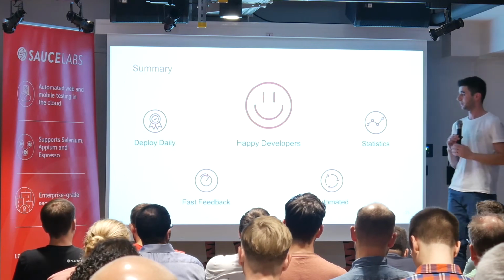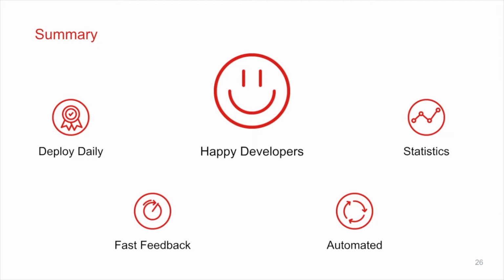So the summary. We can deploy on a daily basis. Every morning we can wake up, check our release, check everything. This will take ideally 10 minutes, but sometimes it takes a little bit more, maybe until 30 minutes, because we need to investigate some bugs or something we didn't know about, or we are aware that we broke something.